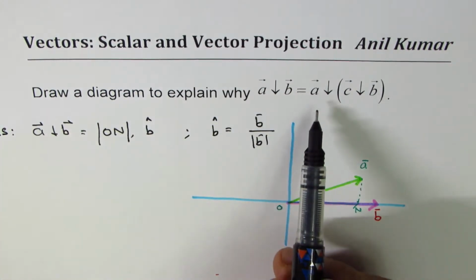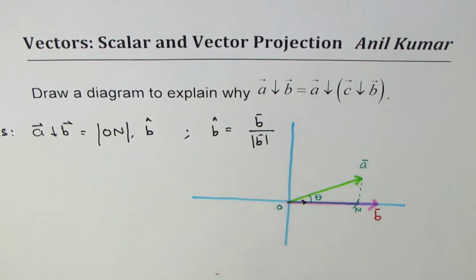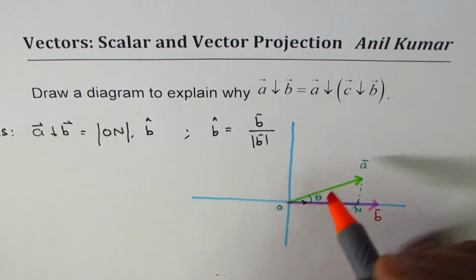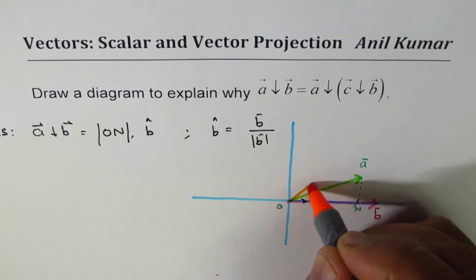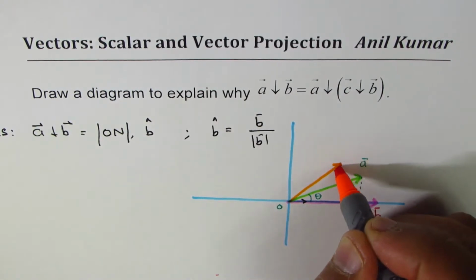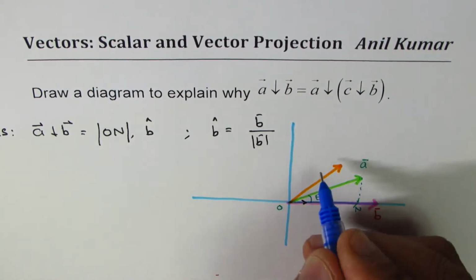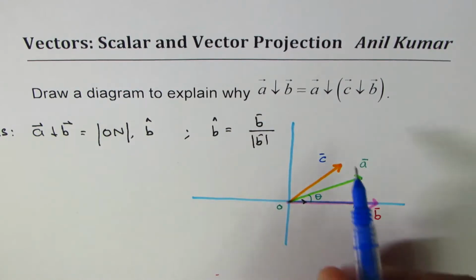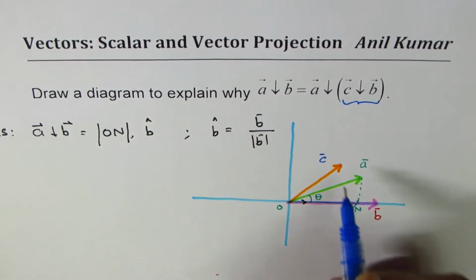Now let's think about the projection of A on the projection of C on B. So let me sketch a vector C now. Let us say this is the vector C. If this is the vector C, then the projection of C on B will be what?